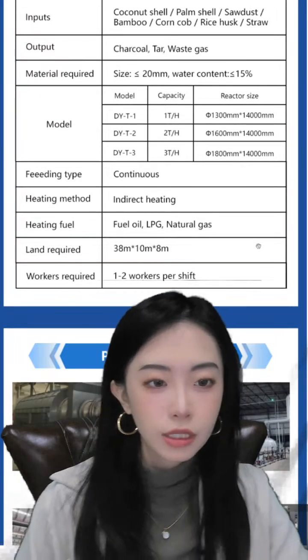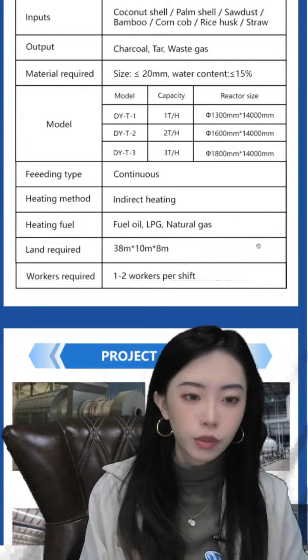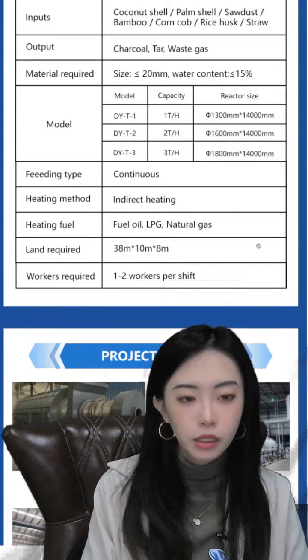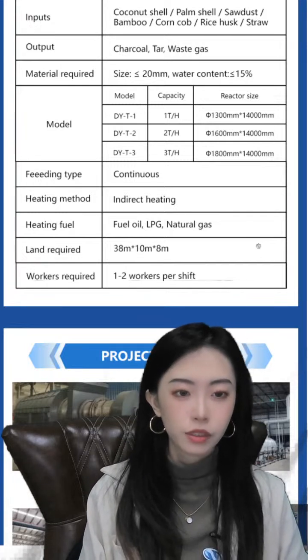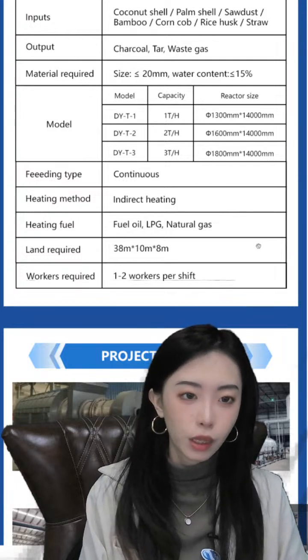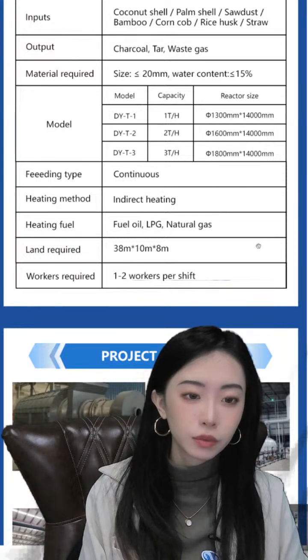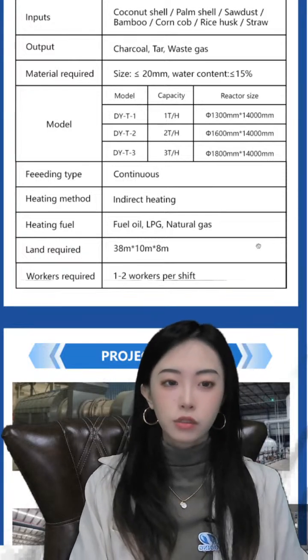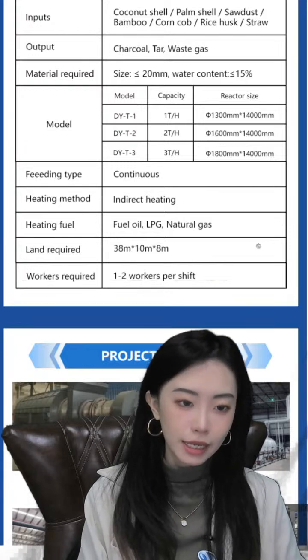And the feeding type of this is continuous. We have 3 kinds of equipment: the batch type carbonization furnace, a semi-continuous carbonization furnace, and the fully continuous one. What we have introduced now is the fully continuous one. It can work for 24 hours without stopping, for 7 to 10 days.